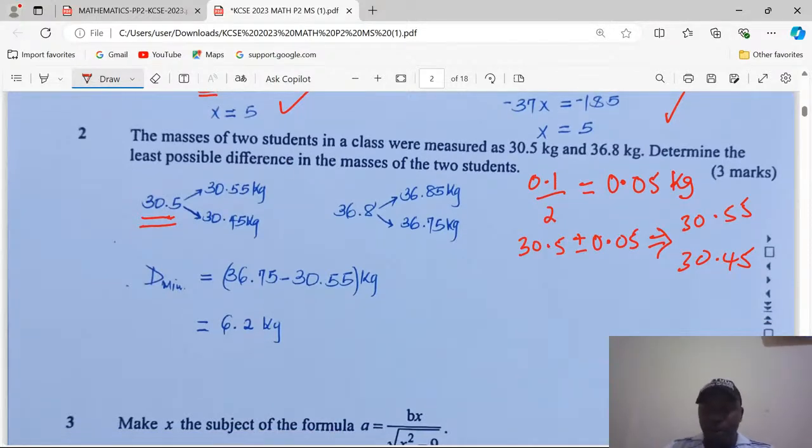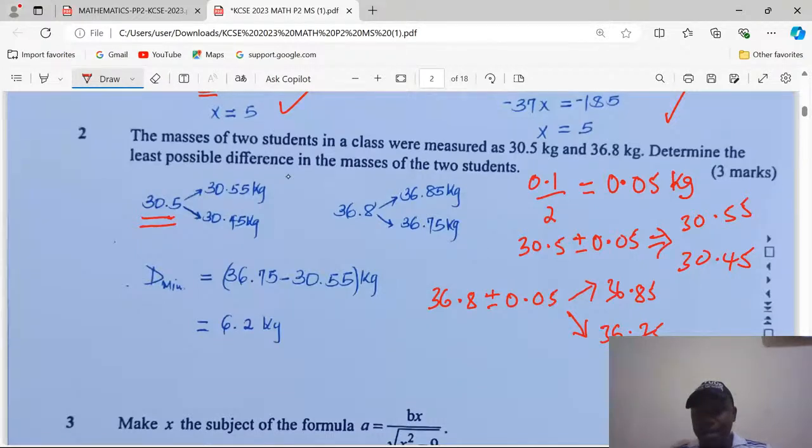And for the other one, which is 36.8, we also add or subtract the same, because the accuracy in both cases is of 1 decimal place. So we shall have the maximum being 36.85 kg, and the least being 36.75.